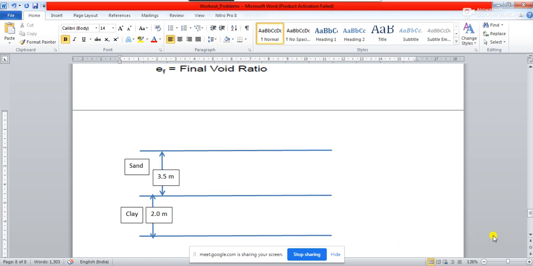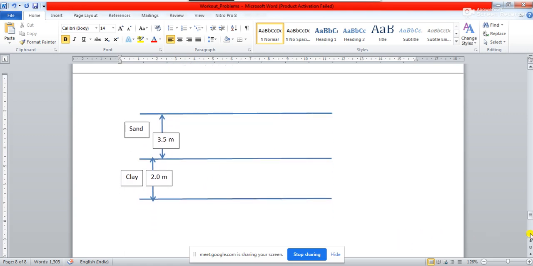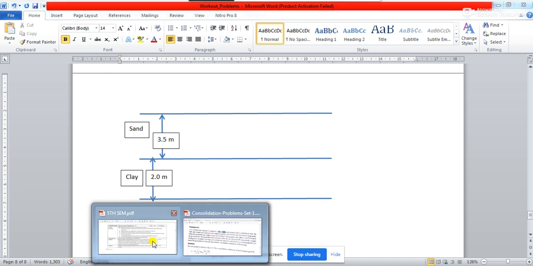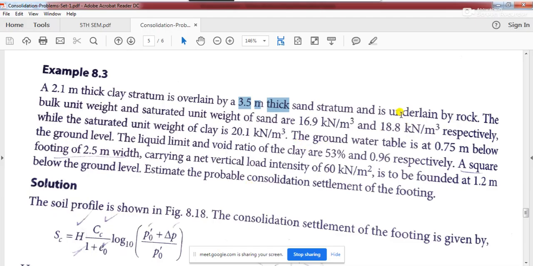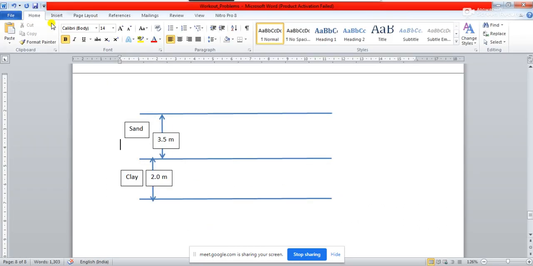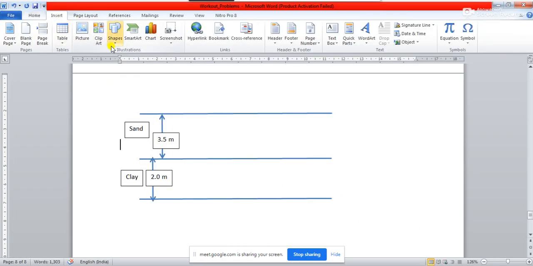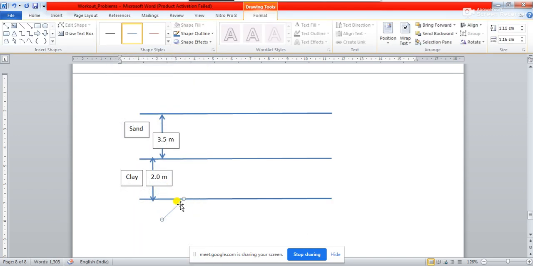And below this, we are not interested in any other layer, because it is said the clay stratum is underlain by rock. Okay, so below this layer you have some kind of rocky stratum, a fixed kind of boundary.